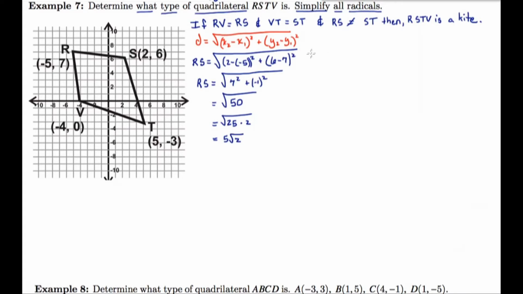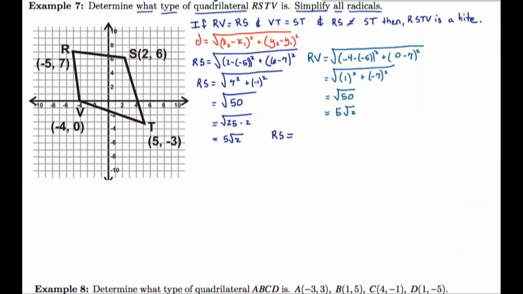So let's take a look at RV. And it would be -4 minus -5 squared plus 0 minus 7 squared. Simplify this, I also get 5 root 2. So RS equals RV. So far we're in good shape.